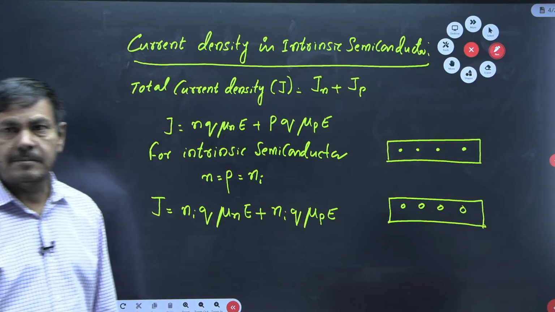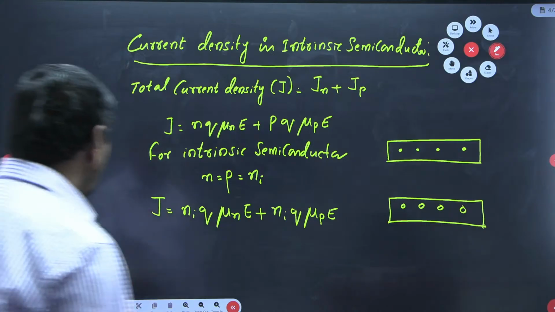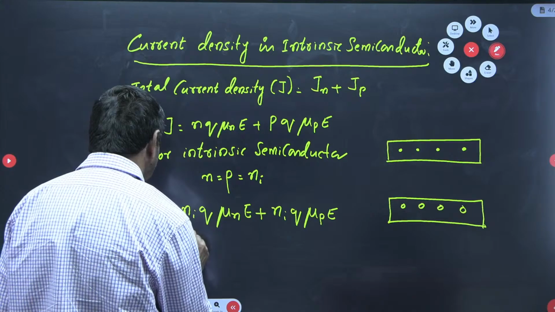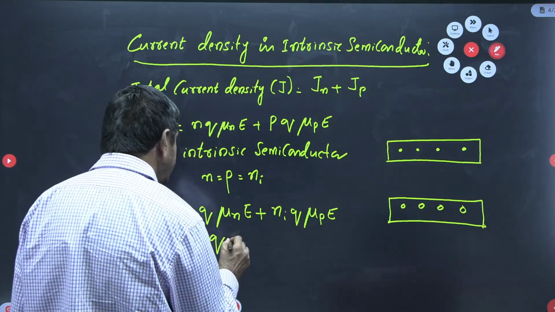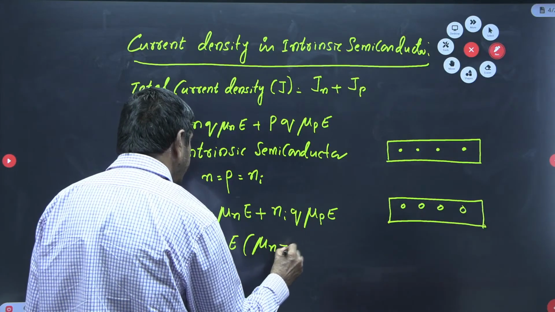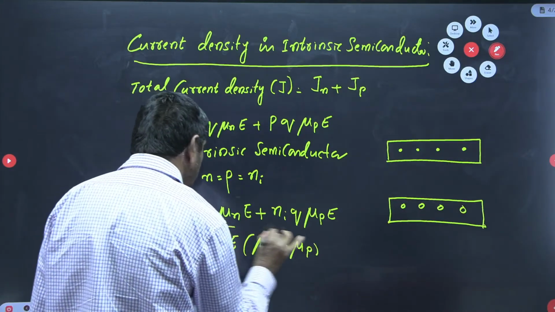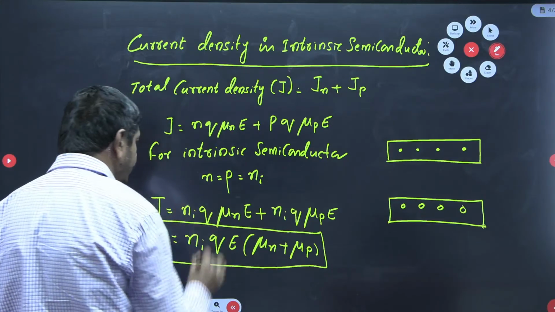But certain terms we can take common. What terms are taken common? J equals Ni is taken common, Q is taken common, E is taken common. I will get finally mu n plus mu P. This is the total current density in an intrinsic semiconductor.